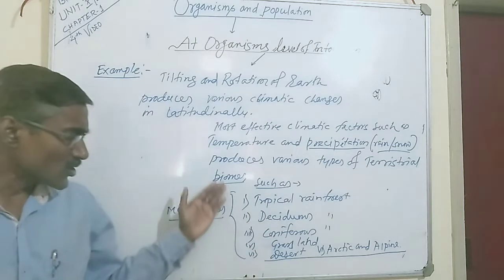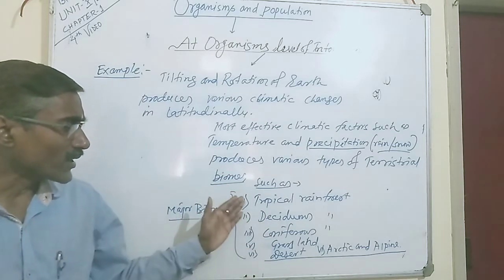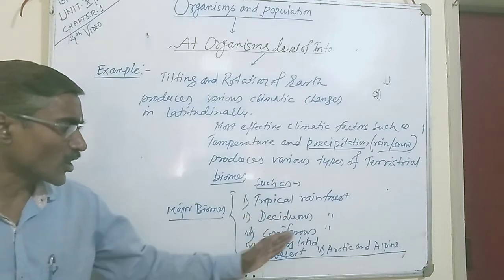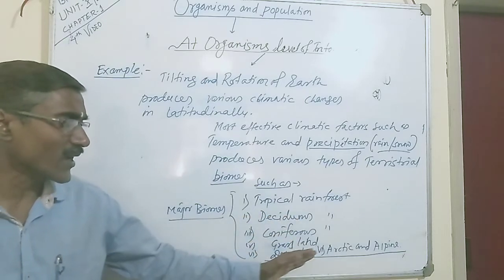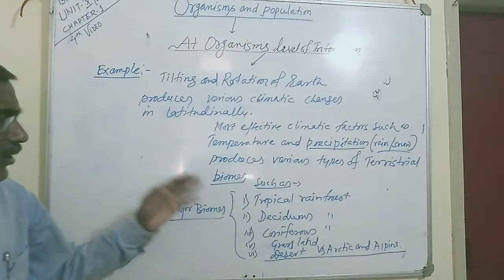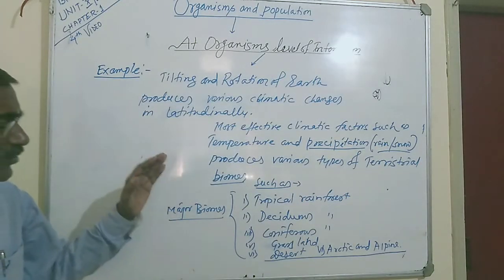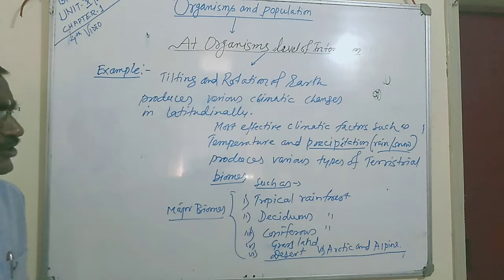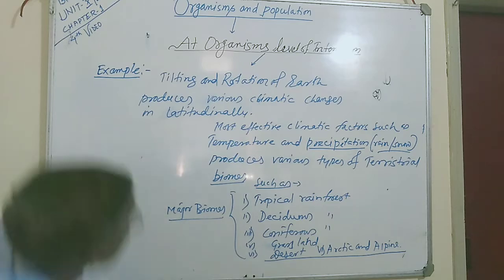So there are 6 biomes: tropical rainforest, deciduous forest, coniferous forest, grassland, desert, and arctic or alpine. Where the actual positions are, and why such types of vegetation and biomes are possible, I discuss here.